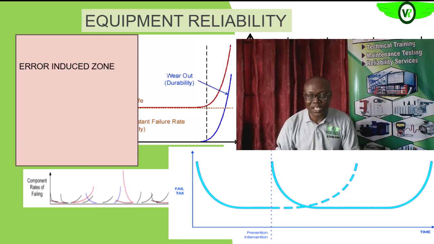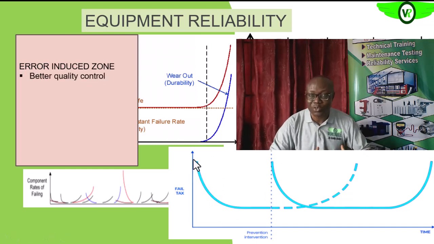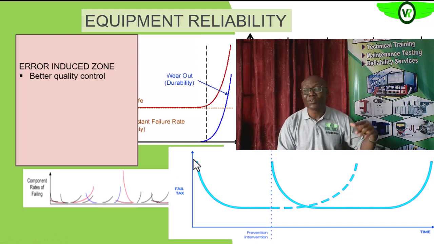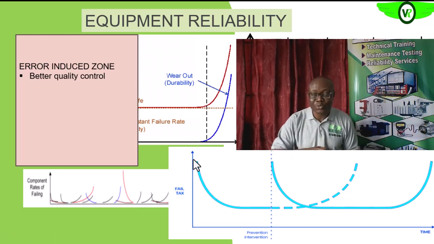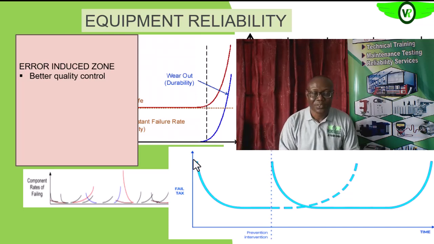So how do we take care of any failure that will happen around this infant stage? The first, we have to have a better quality control, ranging from the procurement process through the installation process. Are we getting it? We have to have a better quality control.